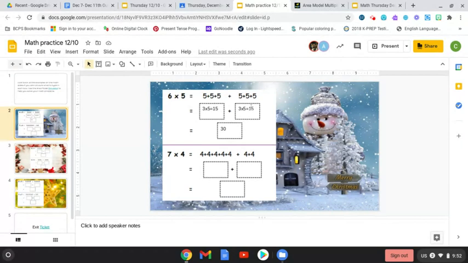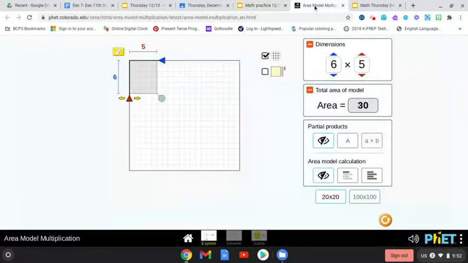Or 3 times 5 and 3 times 5. So when I do that, I would take this and I would move this down 3 rows like that. And now it's showing you that 3 times 5 and 3 times 5 is the same thing as 6 times 5.